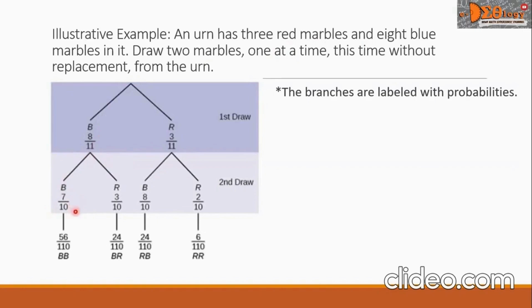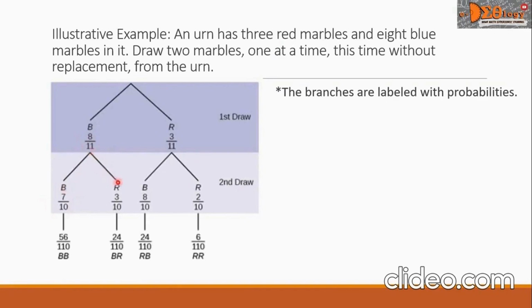Remember, in the problem it says we are not replacing back the first marble once we get the first draw. It means there is an assumption that the first marble is blue, so there will be only 7 left in the blue marbles. Also, before, the total is 11. Since we are not returning that first marble, 11 minus 1 becomes 10. So this is 7 over 10.